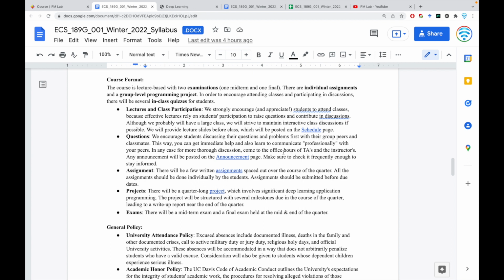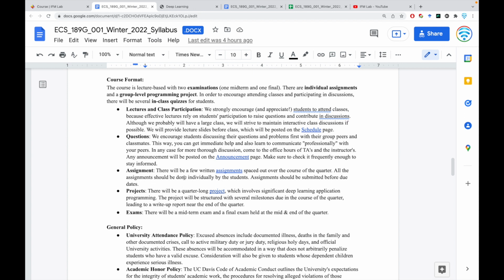In this way, you can get immediate help and also learn to communicate professionally with your peers. In any case, for some more thorough discussions, you can come to the office hours by the TAs and the instructors. Any announcements will be posted on the announcement page at both the course website as well as the schedule spreadsheet. And we will post emails as well to the students for some important announcements.